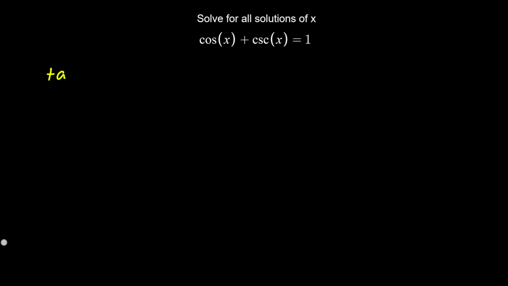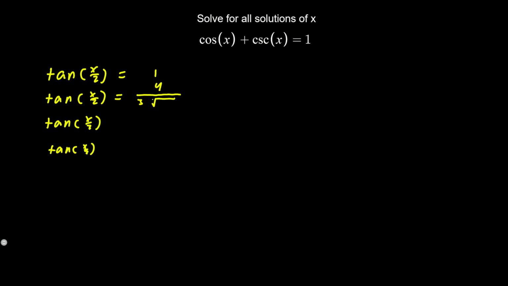So there will be tan of x over 2 is equal to 1, and tan of x over 2 for the other three. The first one, we found out, was the cube root of 2 plus the square root of 44 over 27 plus the cube root of 2 minus the square root of 44 over 27 plus 1.